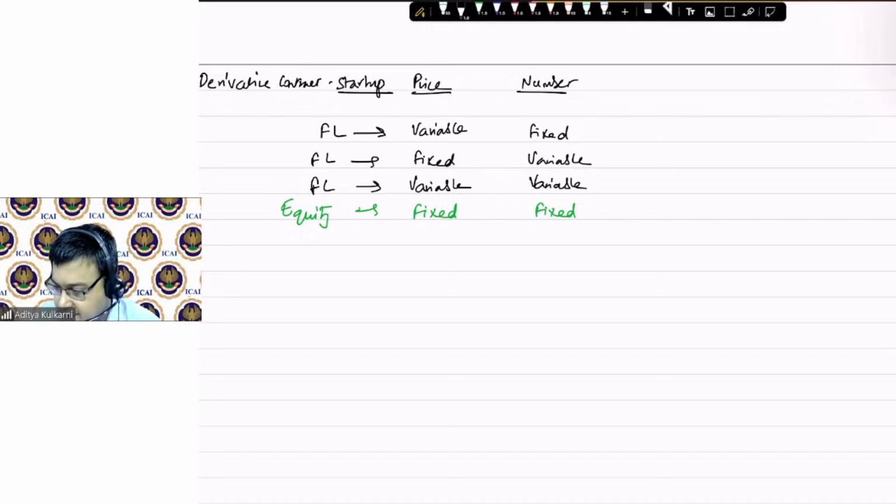So in this case, there is a contract which depends on the value of the shares of the startup. So my underlying is the valuation of the startup. Second one, is there going to be a future settlement? Answer is yes. There is going to be a future settlement.